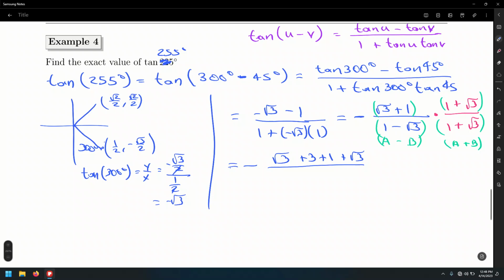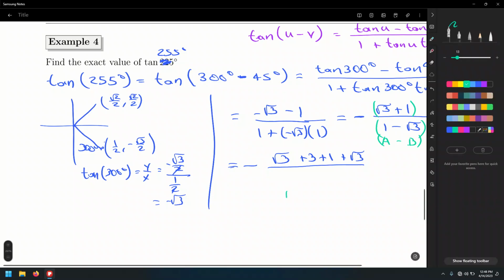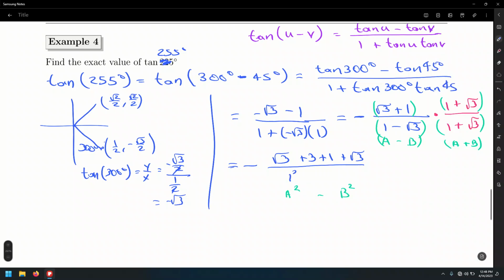And in the denominator, instead of foiling, use the difference of squares formula, which looks like a squared minus b squared. Just do 1 squared minus radical 3 squared. All right? And simplify everything we have over here.